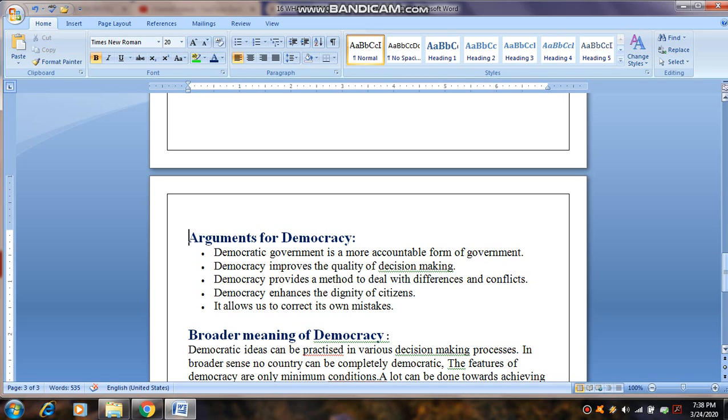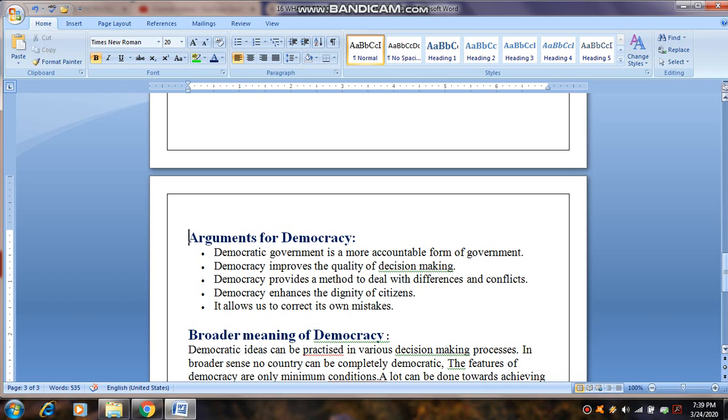That is why we can say democracy improves the quality of decision making. Democracy provides a method to deal with differences and conflicts. Democracy enhances the dignity of citizens, because in a democracy we know we are electing our government, so we enhance our dignity as citizens.